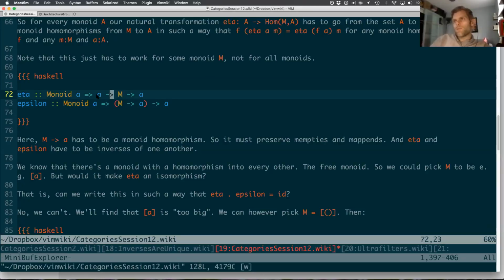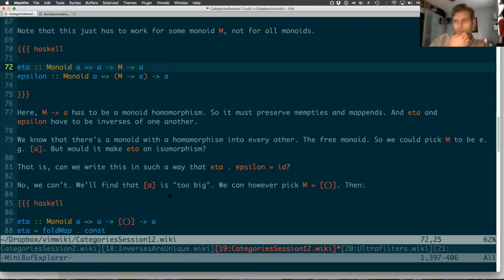So there's really no way to make that an inverse of eta, because here you'd have to do something like, this is a list full of A's, and then I have an A here. Well, I could return any of the A's in here, or I could return this A, or any kind of sum of these A's, right? So list of A is in a sense too big to be a solution for this.